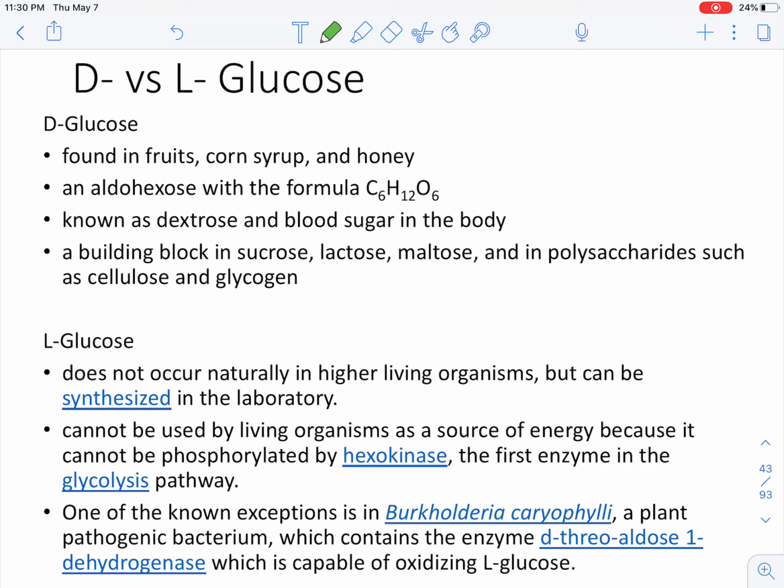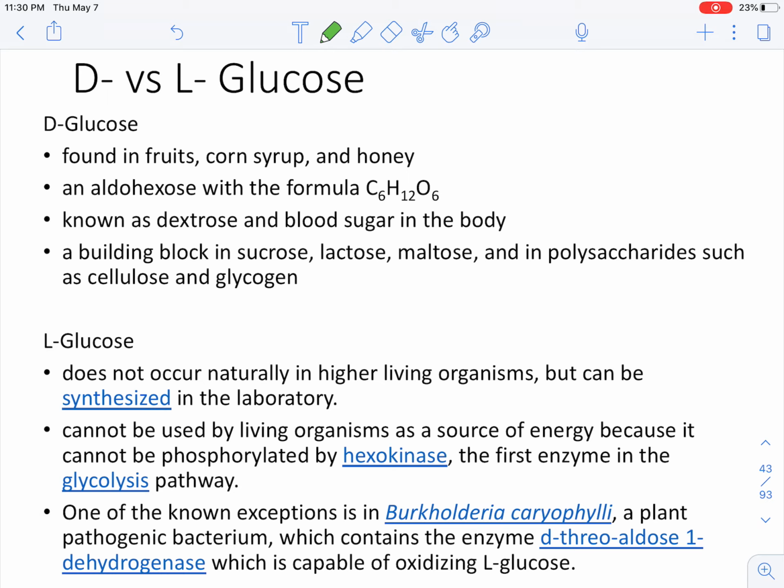And so they're stereospecific, meaning that only substrates with very specific stereoisomerism can interact with very specific proteins, if you want to just generalize it in that manner.